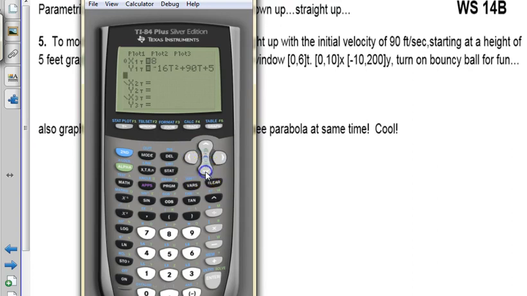Now, I'll show you something really weird. If we go down here and we put in t as x, and then in y we put the same thing, negative 16, I'm sorry, I didn't type that right, t squared plus 90t plus 5. I think this is going to work. I'm going to turn the path on with a little -0 for both of them.